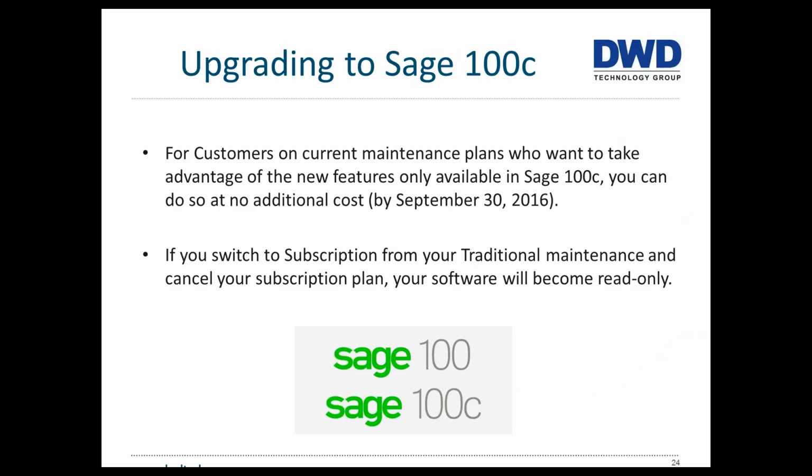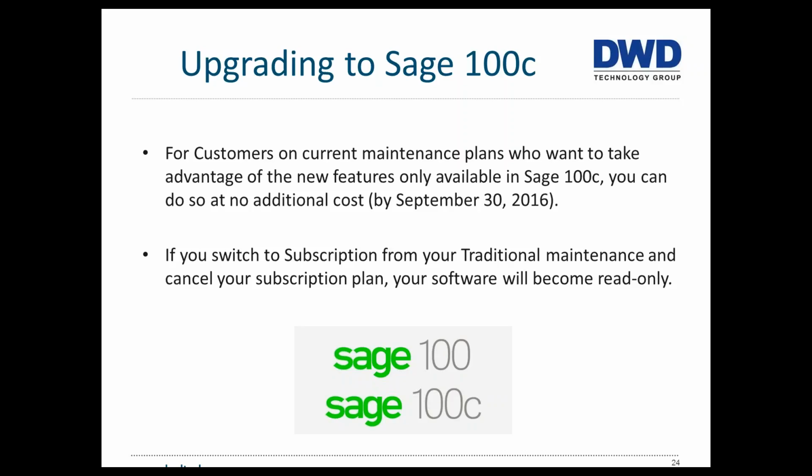For those of you who are on current maintenance plans and you want to take advantage of some of the new features, and a lot of that's some of the customization and some of the development that's out there that Sage will only make available to their 100C clients, we can help you switch over to the 100C subscription plan, and basically it's at no additional cost.